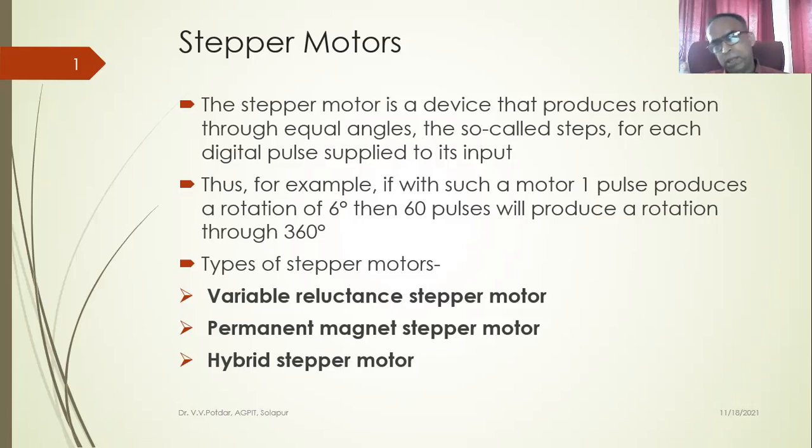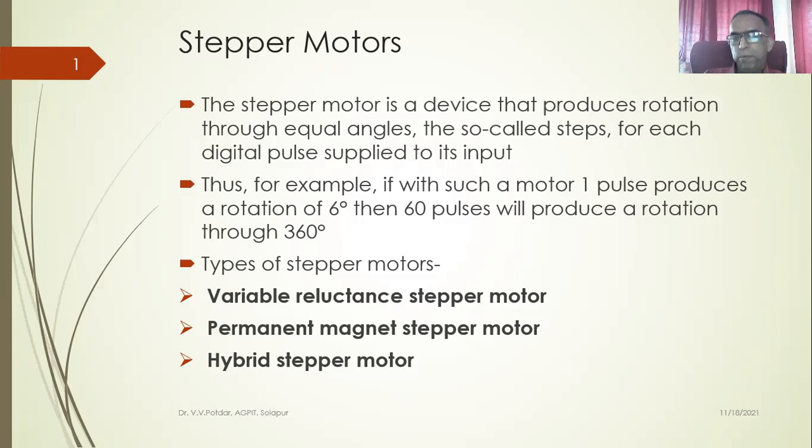For example, if with such a motor, one pulse produces a rotation of 6 degrees, then 60 pulses will produce a rotation of 360 degrees. 6 degrees with one pulse, times 60 pulses, gives me 360 degrees, which is one full rotation.